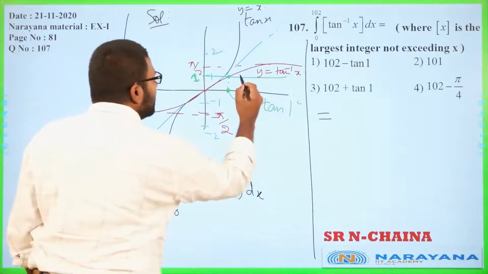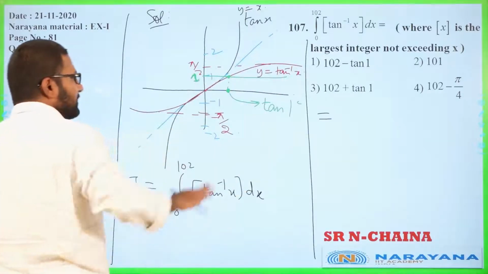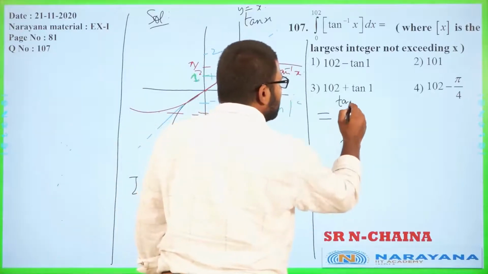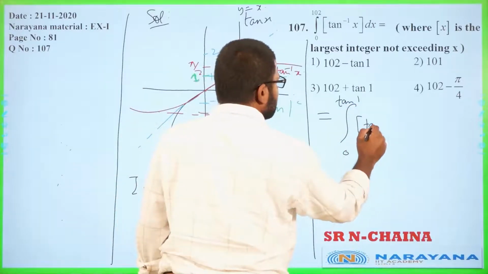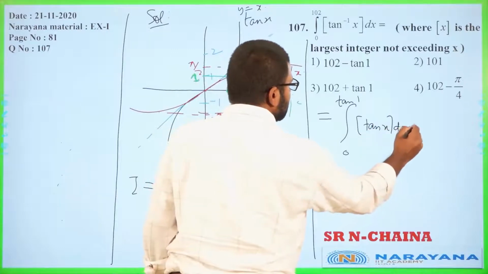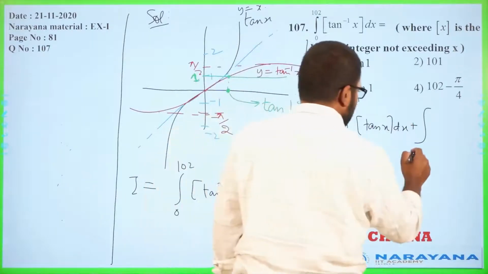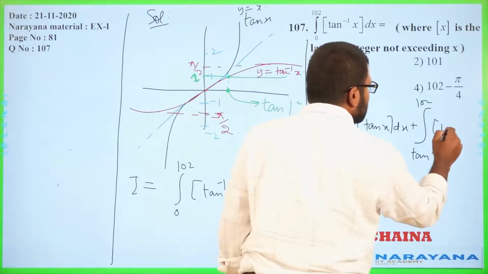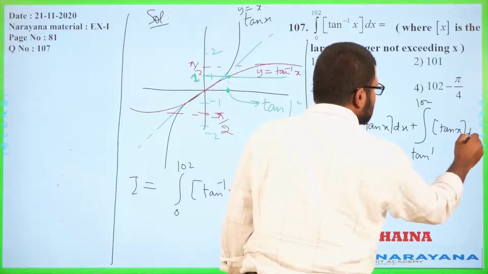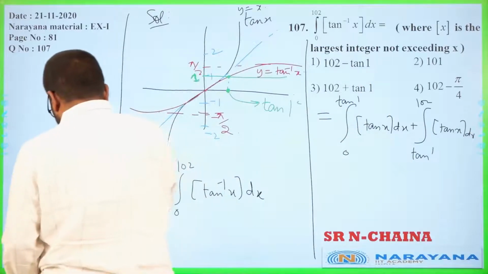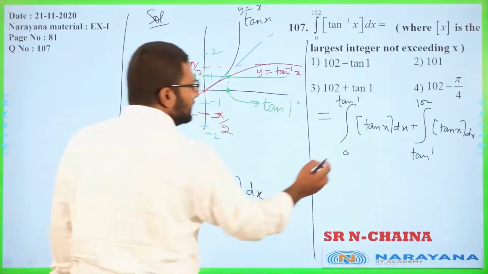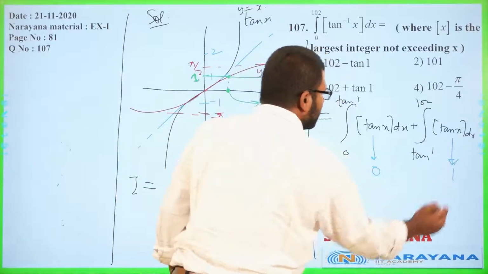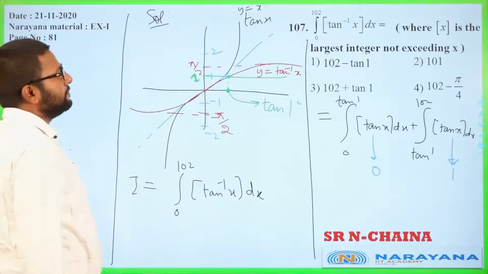Above the green line, the step value will be plus 1. So we need to split it right there. 0 to tan 1 step tan x dx plus integral tan 1 to 102 step tan x dx, correct? And now we can see that this value is 0 and this value is 1. That you can see from the graph.